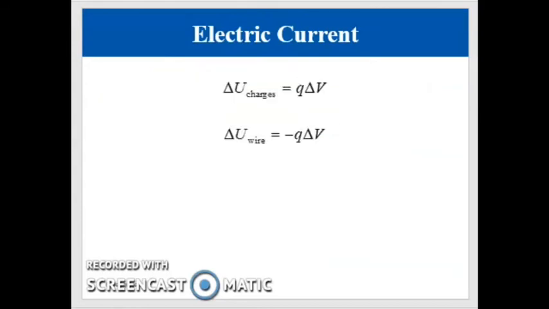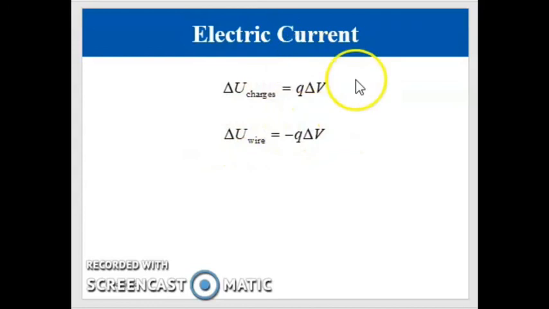For conductors carrying current, as charges move along a wire, the electric potential is continually decreasing. Delta U of charges equals Q delta V. If you still remember, this equation can be found in the textbook.